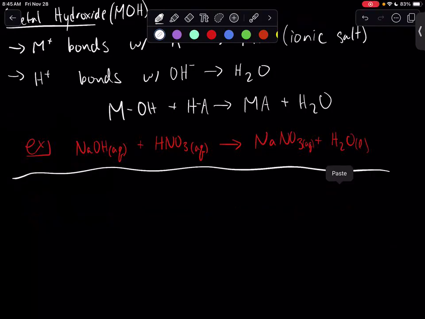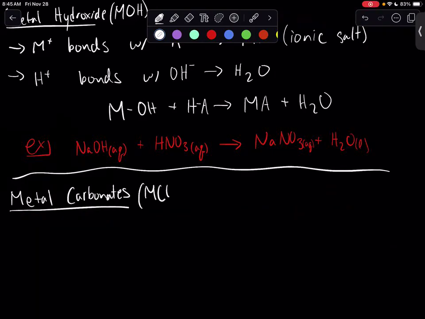So now we'll look at carbonates first, and then we'll do hydrogen carbonate. So we're still looking at metal carbonates. So in this example, our metal carbonate is going to be MCO3, as CO3 is the carbonate ion, and M will still represent our metal.